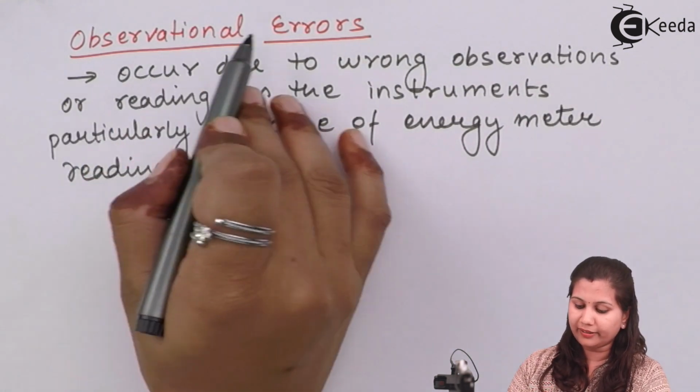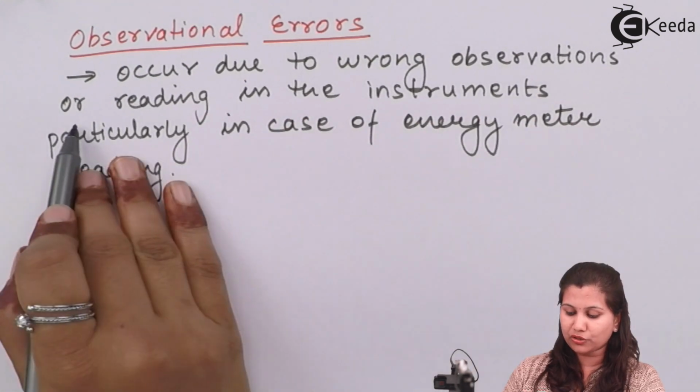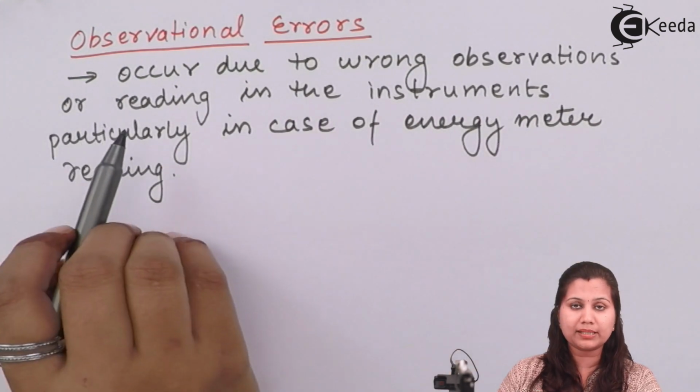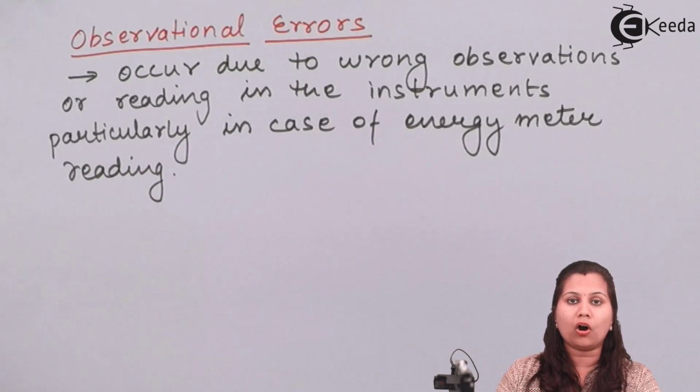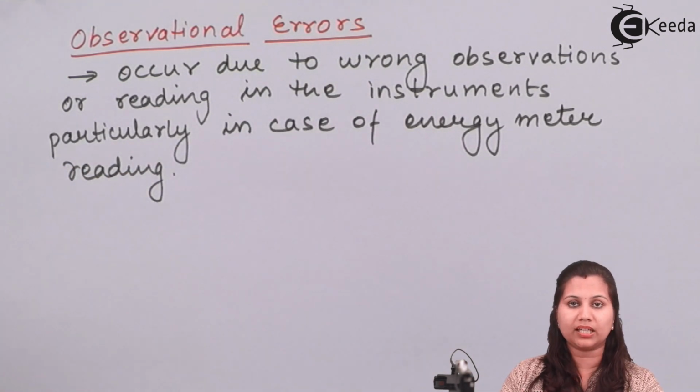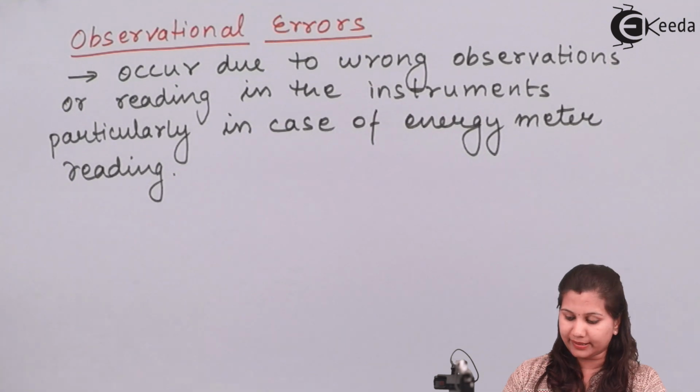So observational errors occur due to wrong observations or readings in the instruments, and these errors particularly occur due to the observer who is taking or recording the readings.